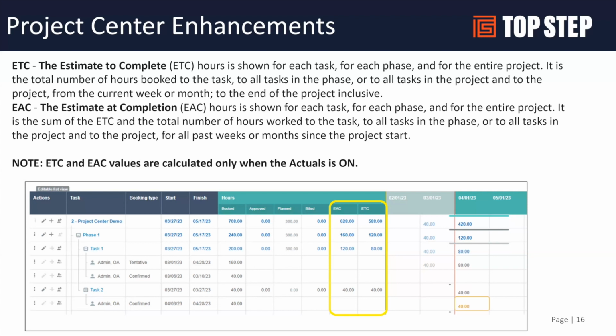The EAC will pick up the estimate to complete plus the actuals for previous periods, and then you can enable those views. So giving you where we think we're going to be based on our bookings within project views is a nice add-on to this project center. It does require that you're visibly showing the actuals in the project center for those calculations to work.